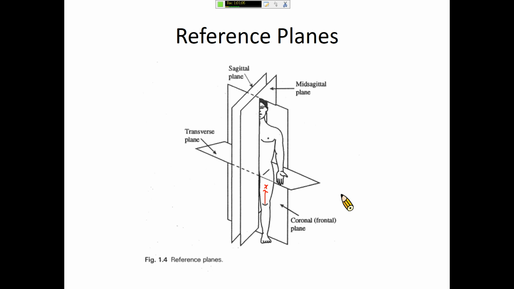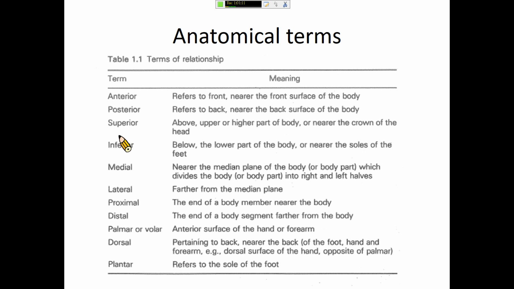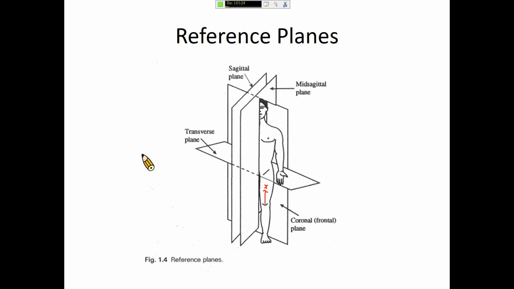Yes, superiorly. Because superior means above, upper. Inferior means below. So I can say, I'm massaging the anterior surface of the thigh superiorly. That means you are moving above.